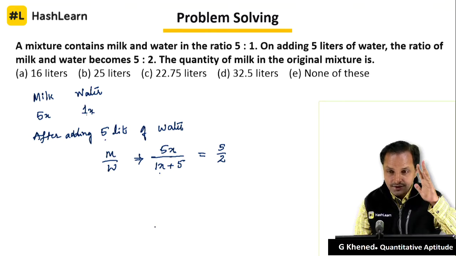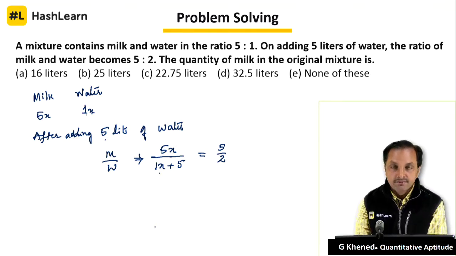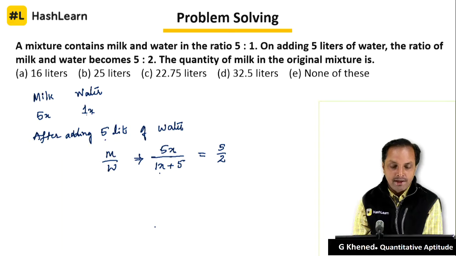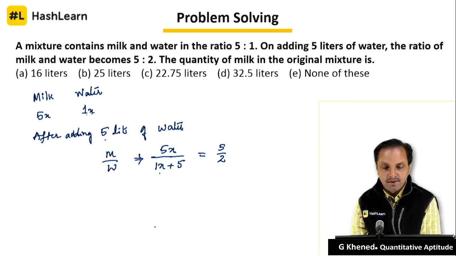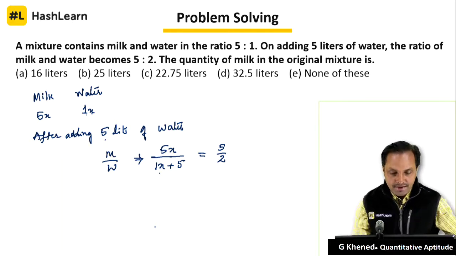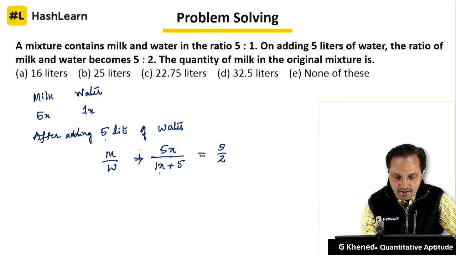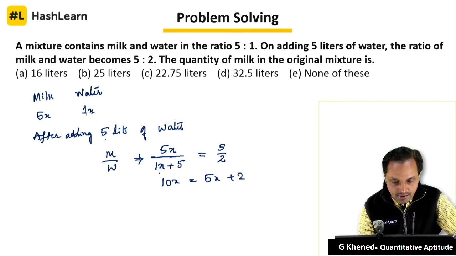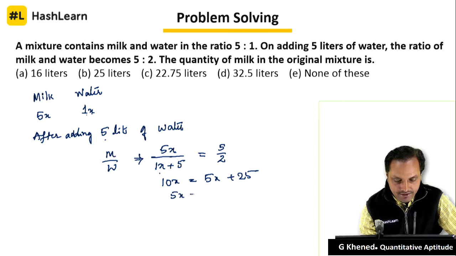How many of you understood this relation, the ratio between milk and water after adding 5 liters of water? Once you are done with this, just calculate x and you will get the answer. So what is x here? Cross multiply, 5 into 2 is 10x, equals 5x plus 25. Shift, you will get 5x is equal to 25, then x will be equal to 5.